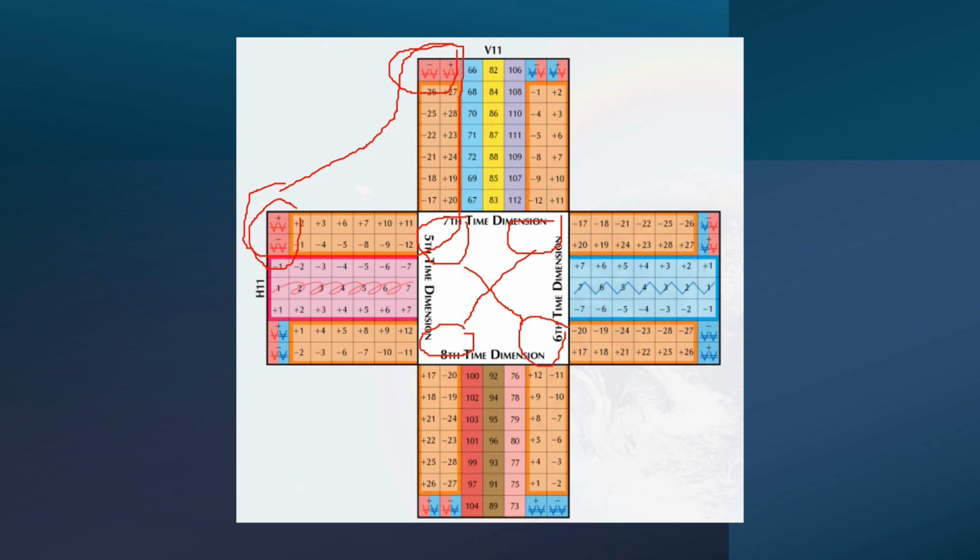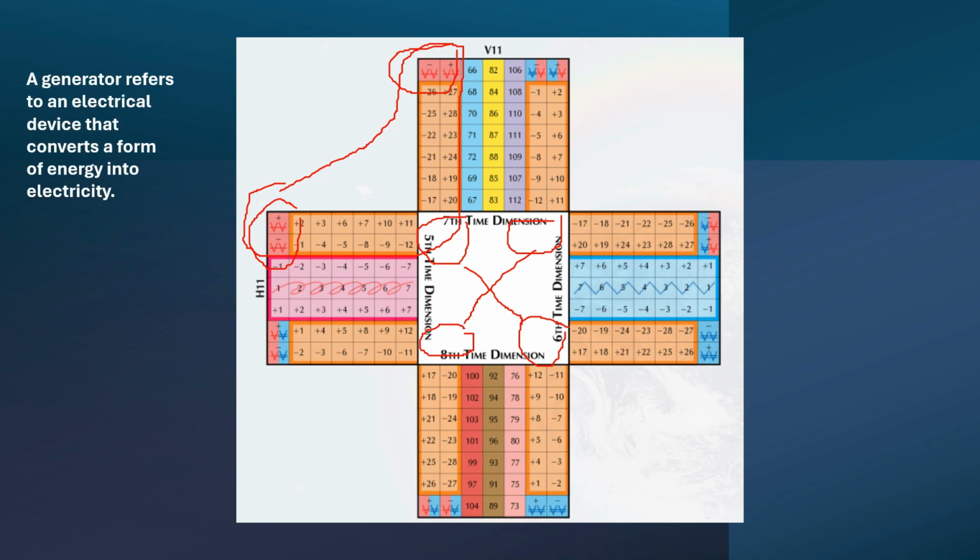Let's take the definition of a generator. It refers to an electrical device that converts a form of energy into electricity. That's very basic, okay? Our generator is coming from our hyperpartons. We have four hyperpartons in the ninth time dimension. We have Dum Quali, we have Dum Dwar, we have Cum, and we have Chemio.